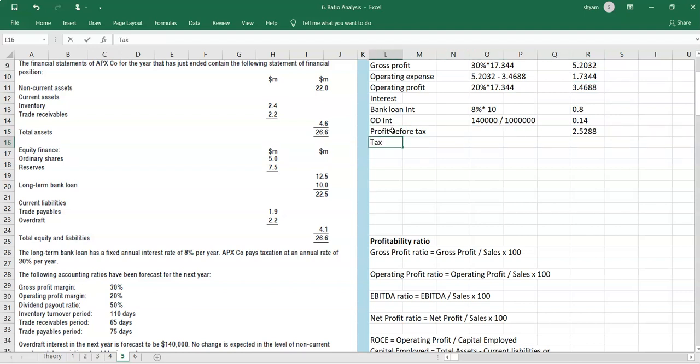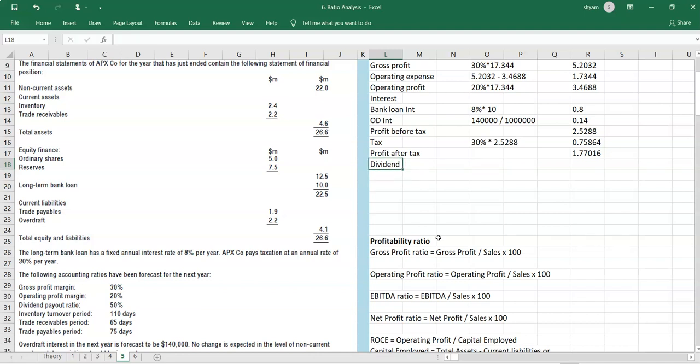Thereafter, I think we can get the tax. He says it's a 30% tax, 30% of 2.5288. So we can get profit after tax now. After profit after tax, we have the dividend payout.